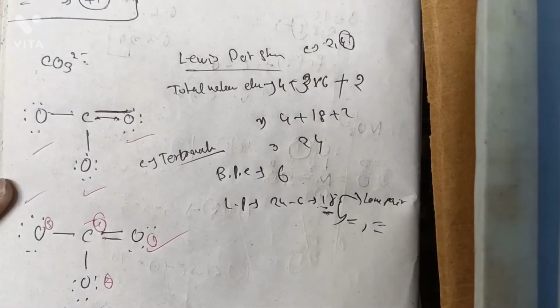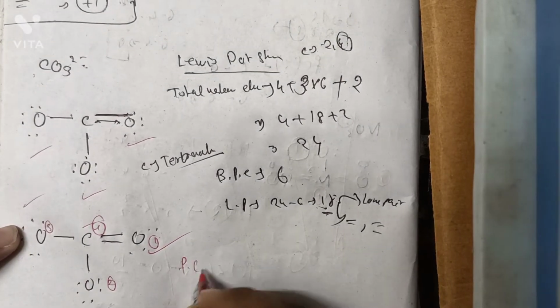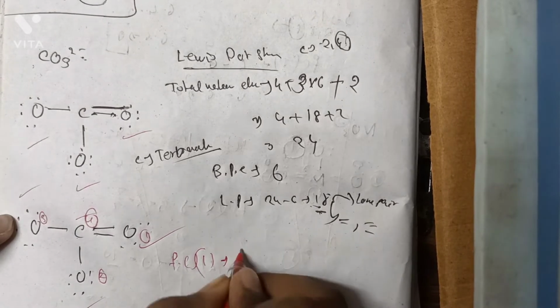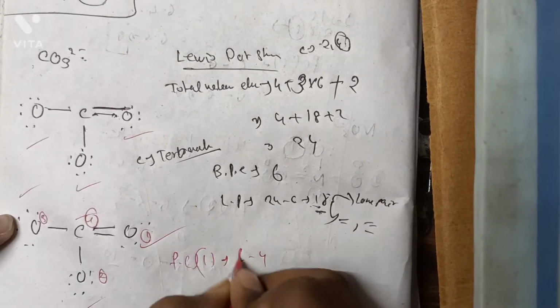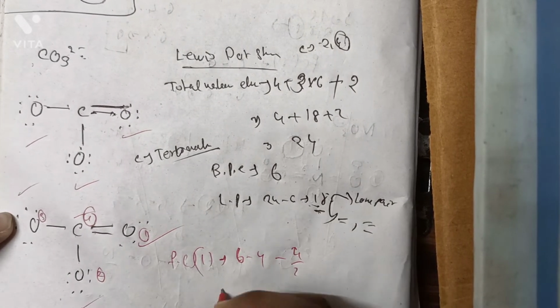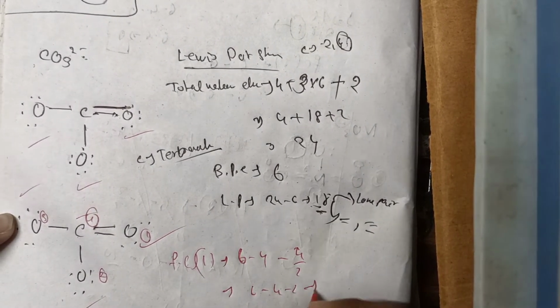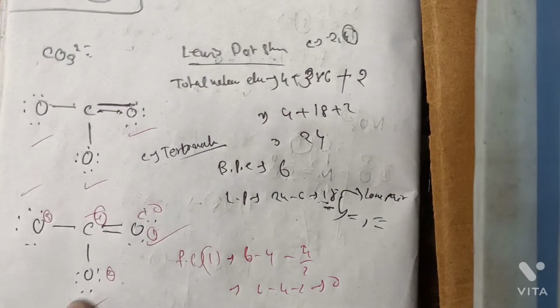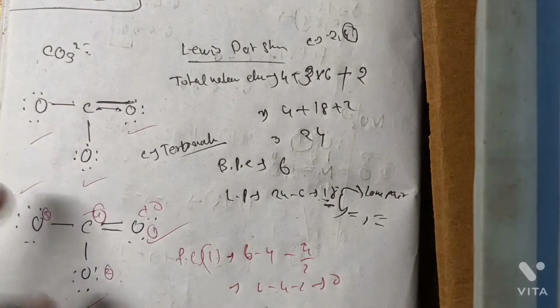Okay, for the formal charge of atom 1, what is the valence electron count? 6. Lone pair electrons 1 2 3 4, bond pair electrons 1 2 3 4. 6 minus 4 minus 2 is 0, so it has 0 charge. For the other atoms connected by a single bond, the formal charge will be the same.